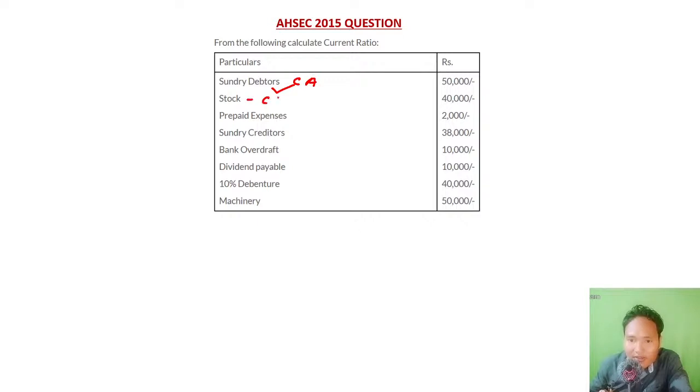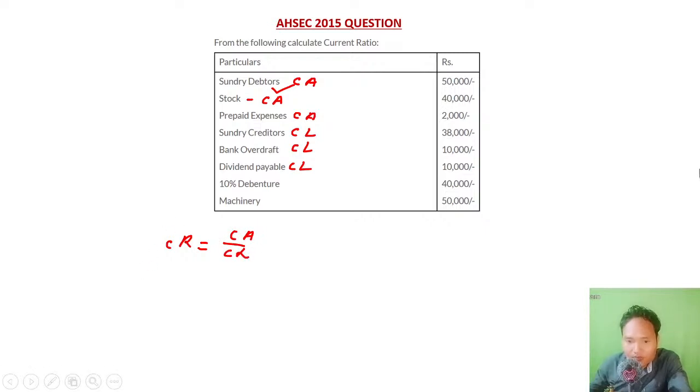Stock is a current asset. Prepaid is a current asset. Sundry creditors is a current liability. Bank overdraft is a current liability. And at last we have dividend payable, which is a current liability. As we know, the formula for current ratio is current assets by current liabilities.